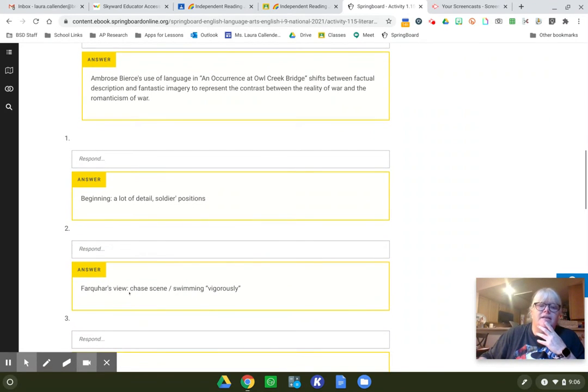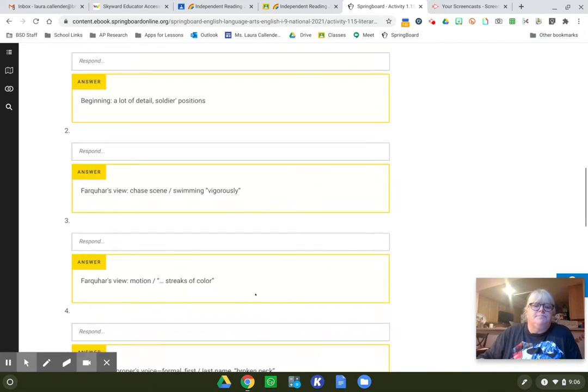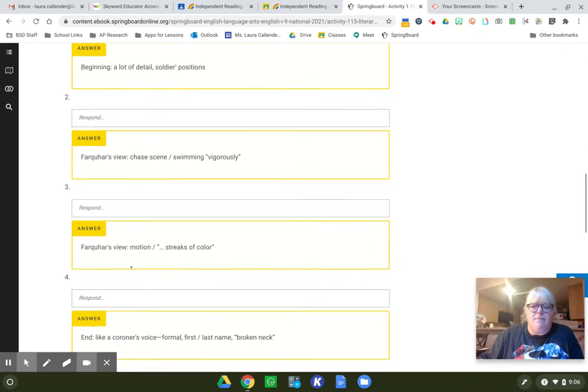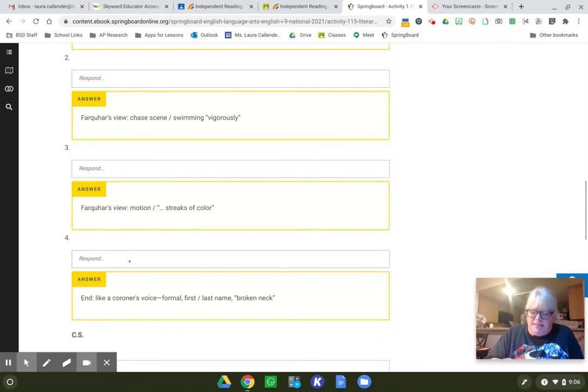Now I'm going to talk about his view. So there's the chase scene as he's trying to get away from the bullets. He's swimming vigorously. These are facts. Next, here's some motion. When he's moving, he sees streaks of color. I would use the details about the setting that I read to you a moment ago.